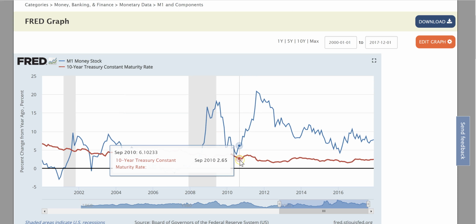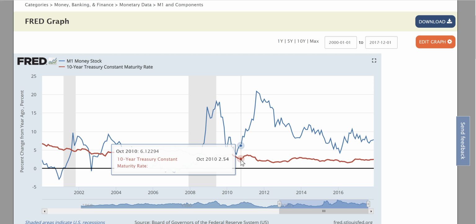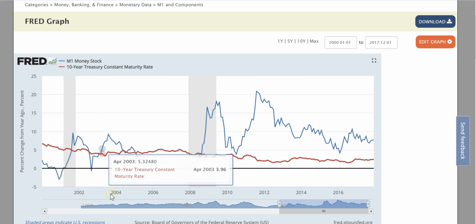What about the interest rate? Interest rate went from 3.01 to 2.30. So yes, during that time period, interest rate went down when the growth rate of money went up.